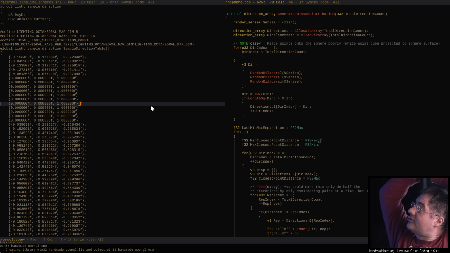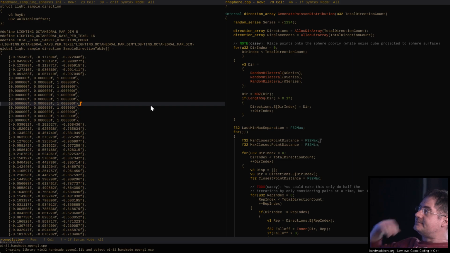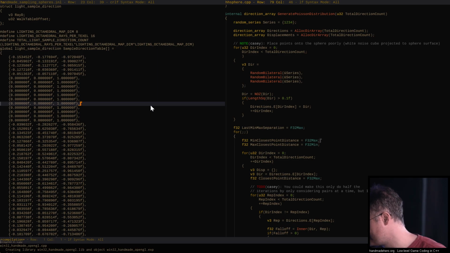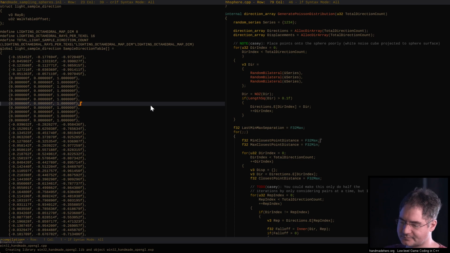Okay, here's the thought. What if we... here's my proposal. You ready for this? Hold on to your monkas. What if we seed the number of rays per texel that we want using white noise inside each texel?